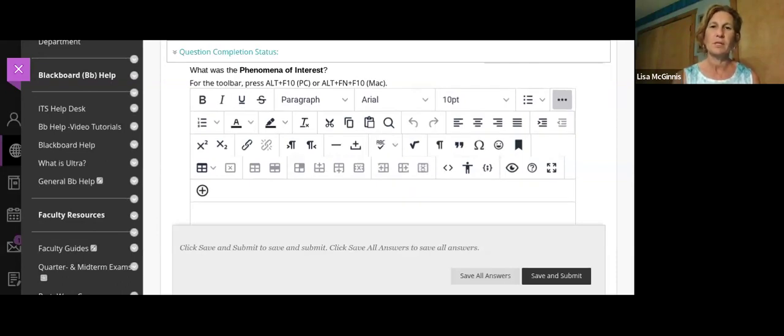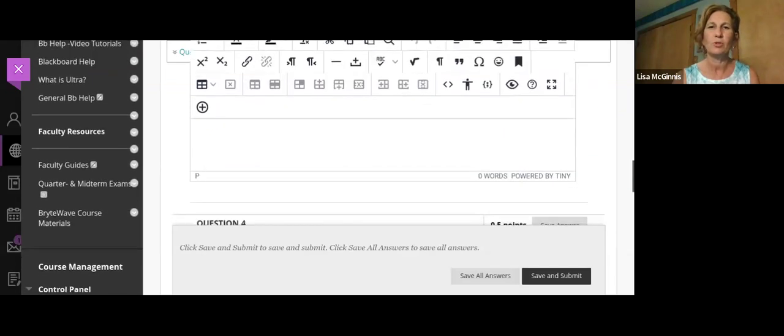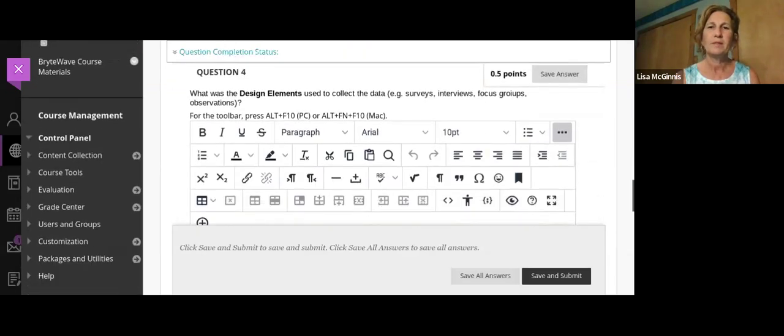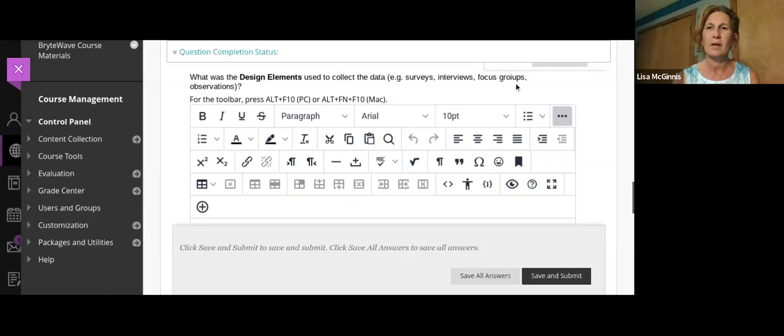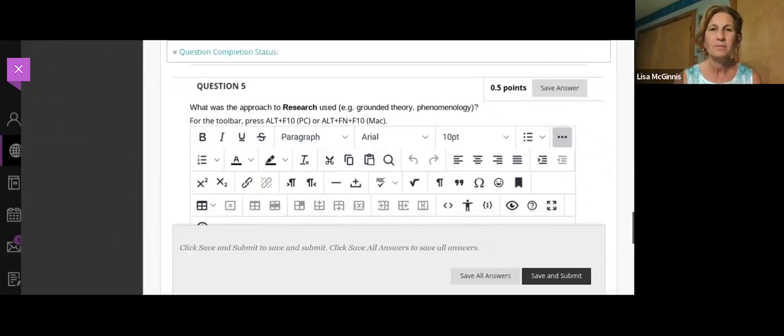Again, what is the study interested in looking at? What are we trying to determine? The design elements, how is the information collected? And in most cases, oops, I spelled groups wrong. In most cases, this is going to be multiple ways that the data will be collected.